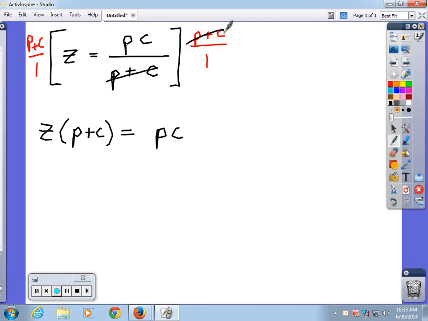Now, we've got it all on one level. So all we need to do now, it says solve for P. One of the rules that you need to learn for solving formulas, the first one, is to clear the fraction. We've done that.